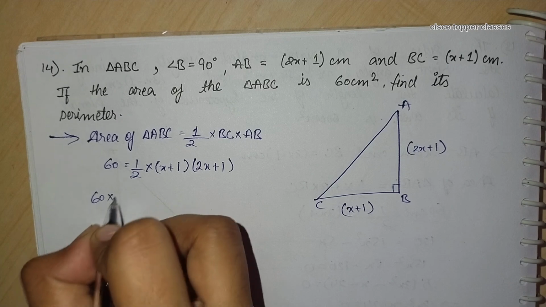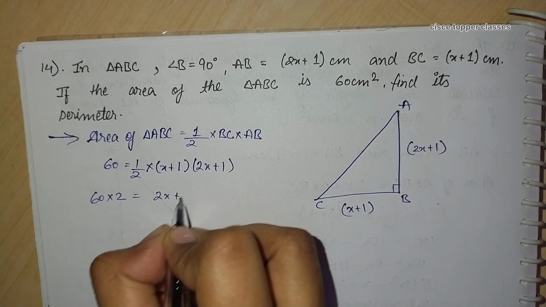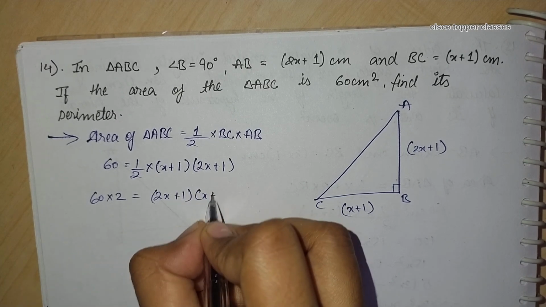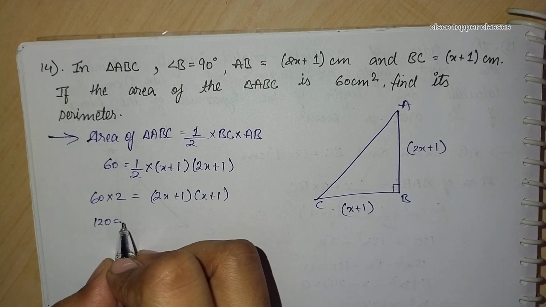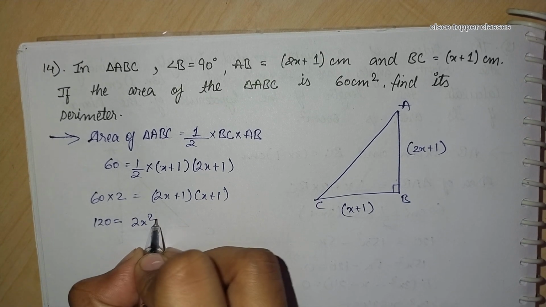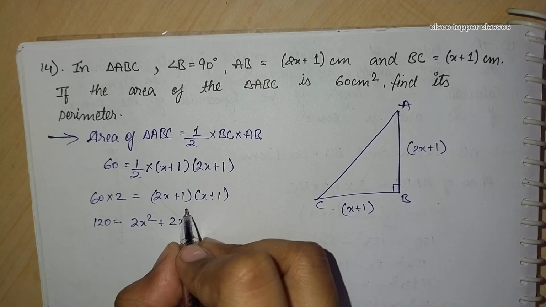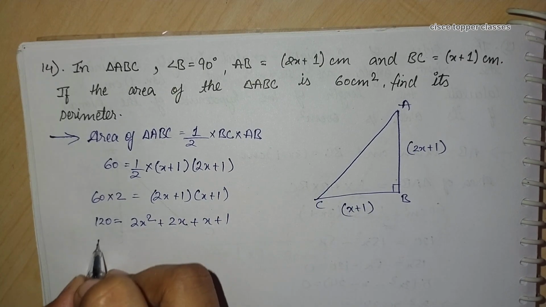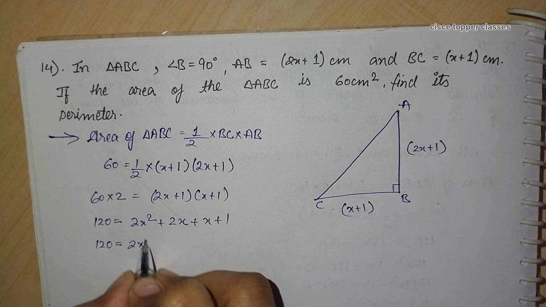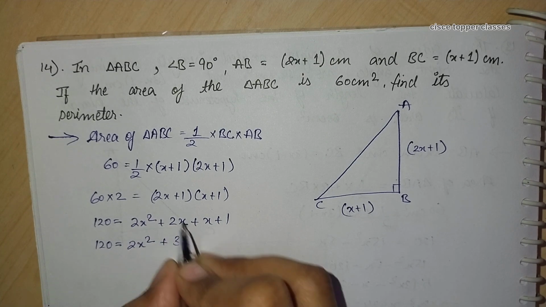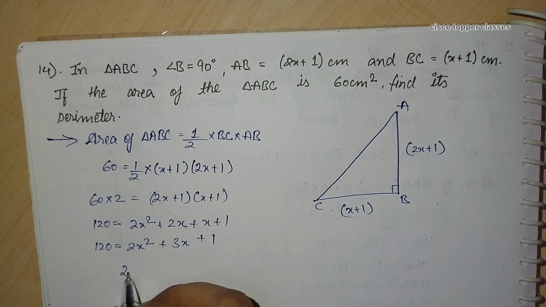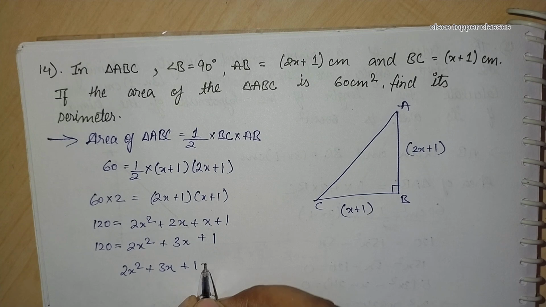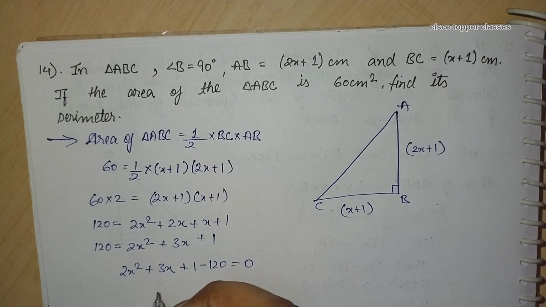So this will be 60 into 2 equal to 2x plus 1 into x plus 1. So this is 120 equal to 2x square plus 2x plus x plus 1. So 120 is equal to 2x square plus 3x plus 1 here. So making it in a quadratic form, 2x square plus 3x plus 1 minus 120 equal to 0.